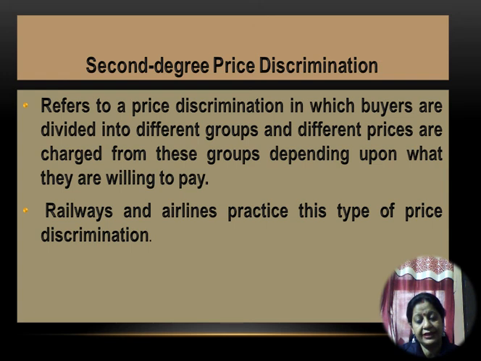So first degree price discrimination means the fees or the services of lawyers and doctors, and second degree price discrimination means the railways and airlines practice this type of price discrimination, as they are charging different fares from different customers according to their class or according to their group to which they belong.